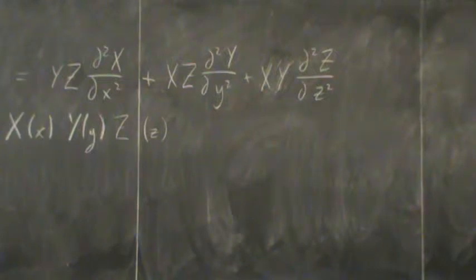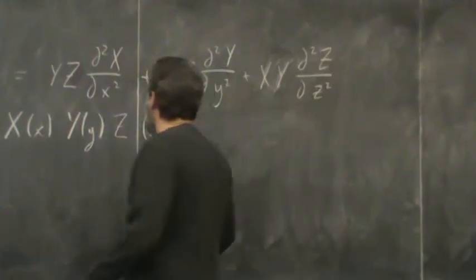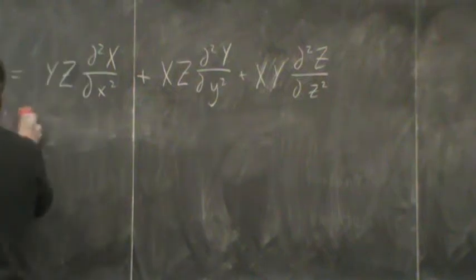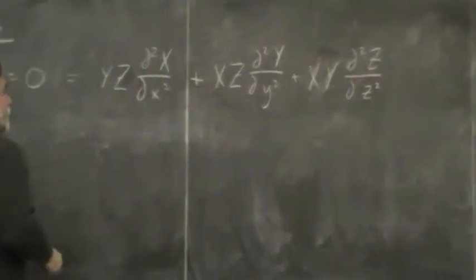And then I do something that I have to impose some mathematical conditions on in order to do, but I'm just going to go ahead and do it. Right? I divide through by x, y, z, hoping that it's not 0. And sometimes it is, but we're going to ignore that.